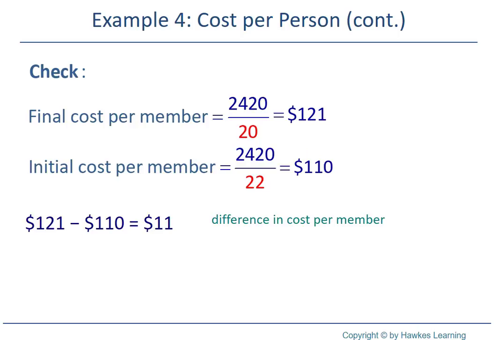Okay, so that worked out. There is your initial equation here. If all the members rode, it would have been 110, but 2 fewer rode at 121. So 20 members rode the bus. All right, well, this winds up this section.